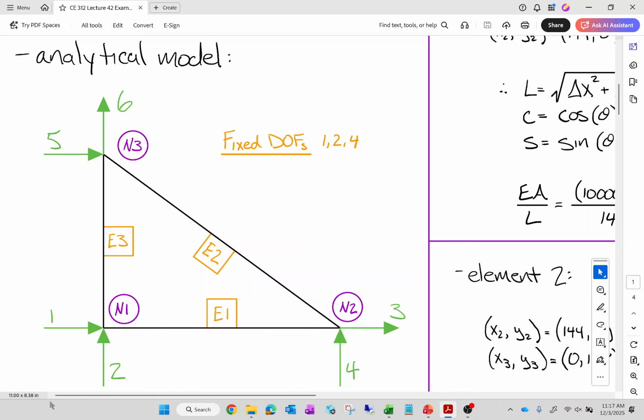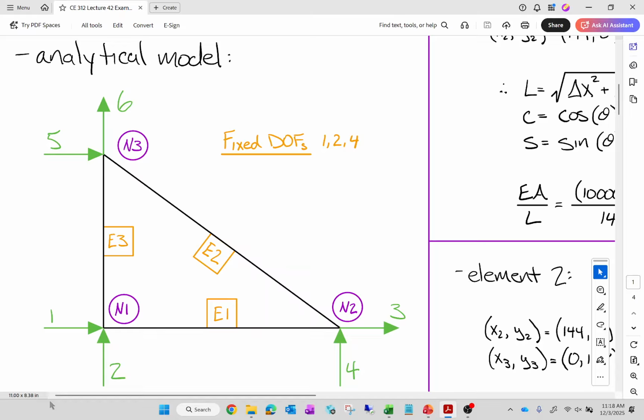So now I can calculate the cosine and sine, okay? Again, be lazy when it comes to your computations. Instead of trying to get an inverse tangent to get an angle and then take the sine and cosine of that angle, just recognize that the cosine is the adjacent over the hypotenuse, and the sine is the opposite over the hypotenuse. It's just polar coordinates, right?